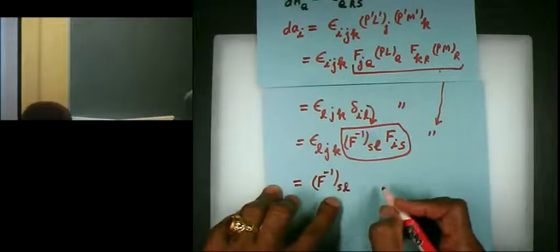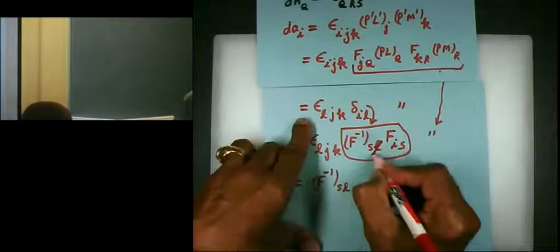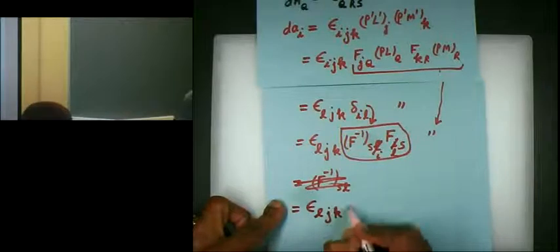I think I goofed. Let me change. This is I, and that's L. Still, you get this. Instead of delta IL, you get delta Li. So it's not a. Still, it's a F inverse. The only thing is instead of writing delta IL, I'm writing delta Li. So it's epsilon L J K F L S. Now I copied that stuff.